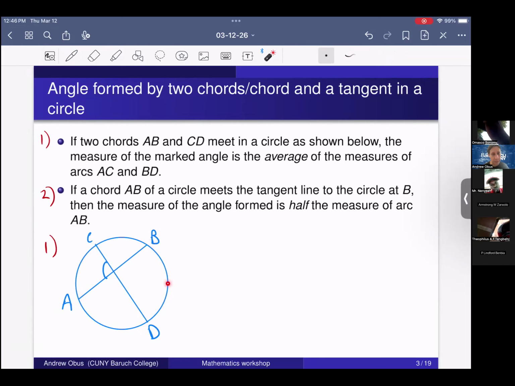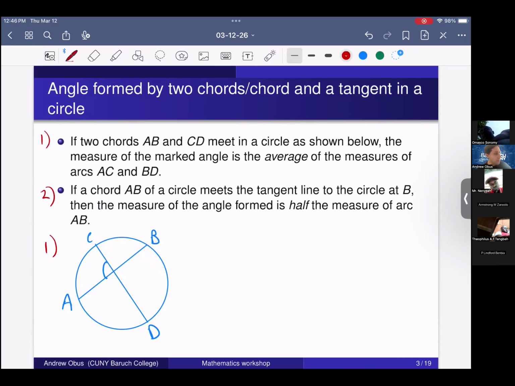We did this last time. You take the arc subtended by the angle and also the arc opposite it, and it's the average of those two arcs.